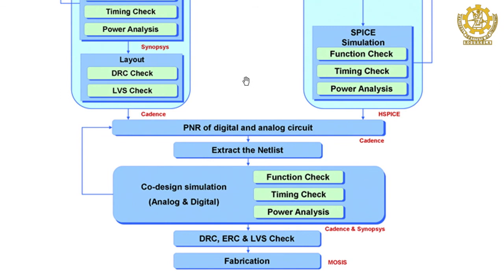If you do layout versus schematic check, it will check the transistors extracted at the schematic level and at the layout level. So, physically it will check the number of transistors. In that aspect your DRC and LVS are done.